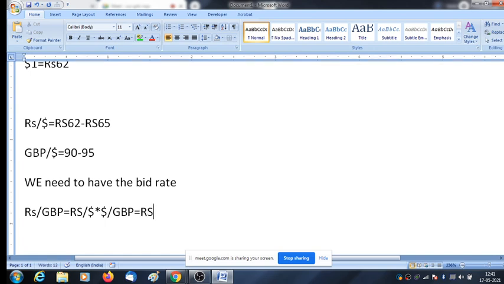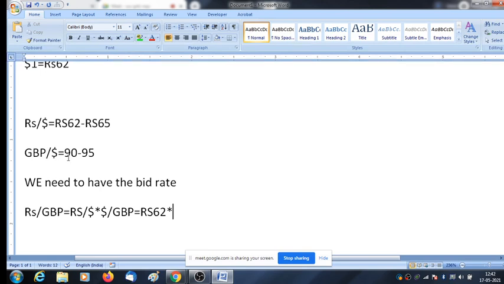So it will be 62 multiplied by, now whenever I am taking the inverse, there is a rule, there is a formula. Whenever I am taking the inverse of a currency, the bid rate becomes the ask rate and the ask rate becomes the bid rate.